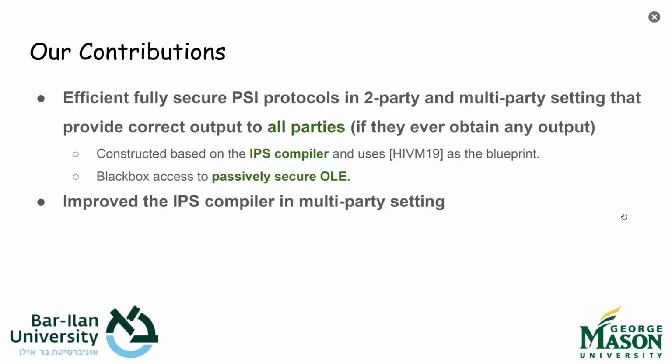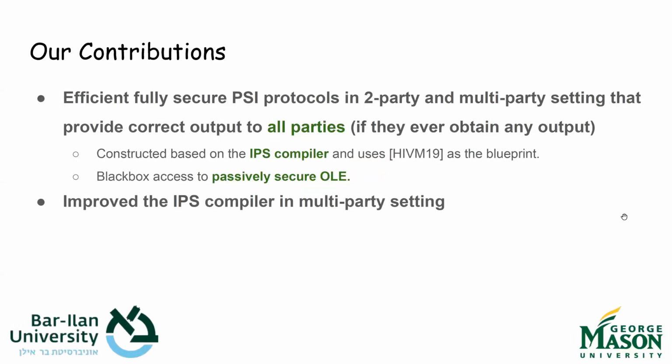Recognizing the shortcoming in the PSI literature, our work aims at designing new fully secure PSI protocols in both two-party and multi-party settings. Our protocols are secure against malicious adversaries and provide the correct output to all parties if they ever receive any output. Our multi-party PSI protocol is built on top of the two-party PSI protocol.